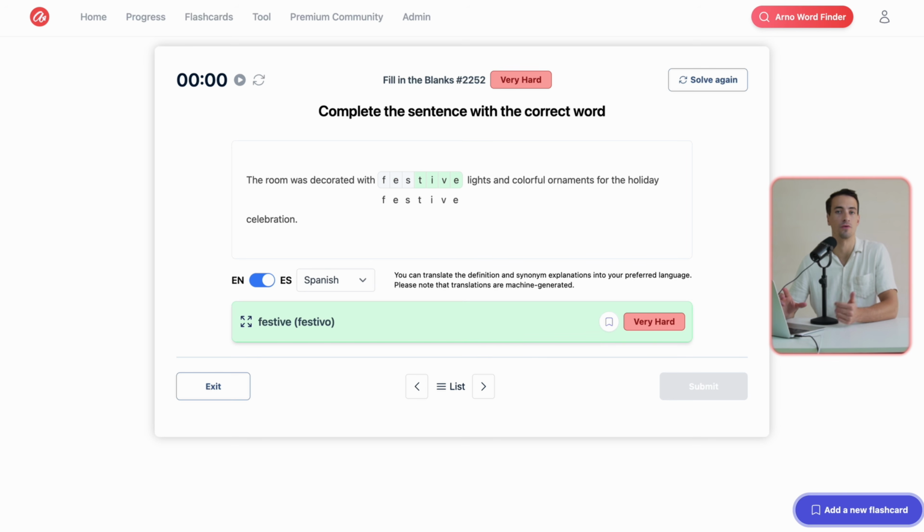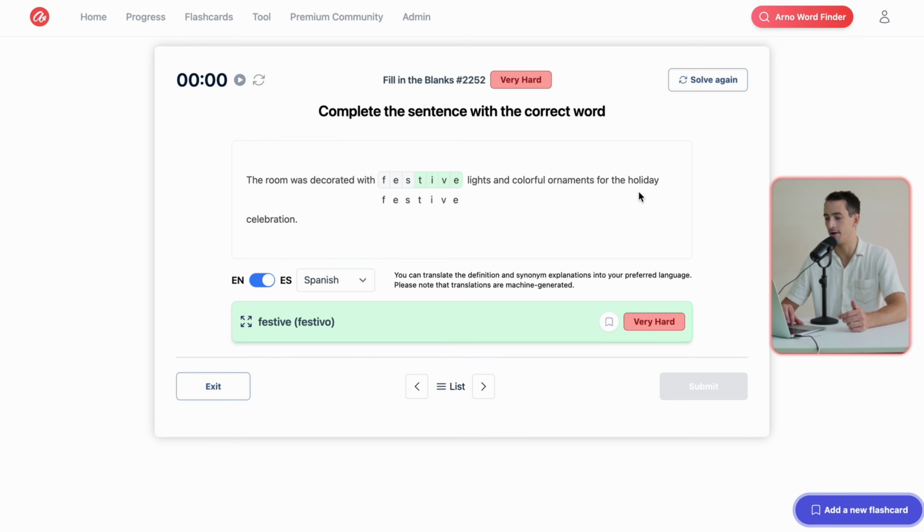Things like Carnival is a festival, right? Or Diwali is the festival of lights. A festival is a celebration, a big holiday. And festive is the adjective form of festival. Festival is a noun. Festive is the adjective. It means things that would be appropriate for a festival.